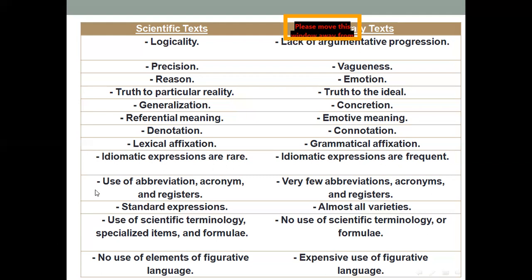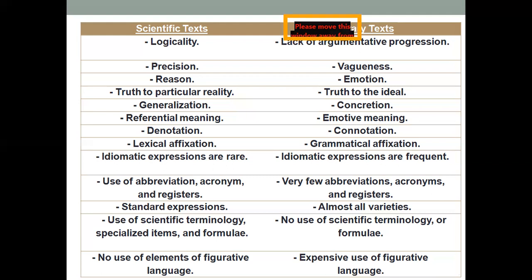Also, the idiomatic expressions. In scientific texts, the language is very clear, and the items have only one clear meaning, so we are dealing with denotative meaning or referential meaning, while in literary text we deal with emotive meanings or connotations.